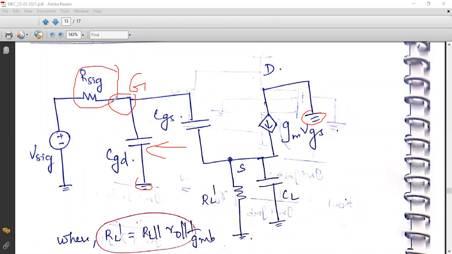You are seeing Rsig, connected between gate and ground, because whenever you are finding the equivalent resistance, you need to short circuit the voltage source. If you short circuit this voltage source, you can see that the resistance Rsig is connected across the same terminal where I have connected CGD. Therefore, the equivalent resistance that you get looking into the terminals of CGD is nothing but Rsig.